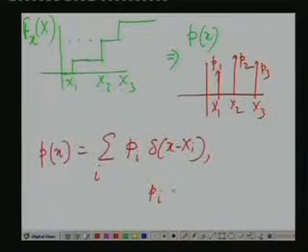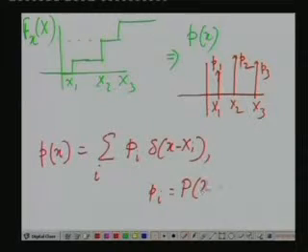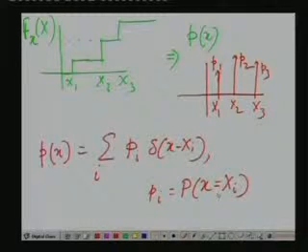Pi is the probability of x taking value equal to xi. This is for the discrete case. So, remember for a discrete random variable, the probability density function actually is a linear combination of some impulses.